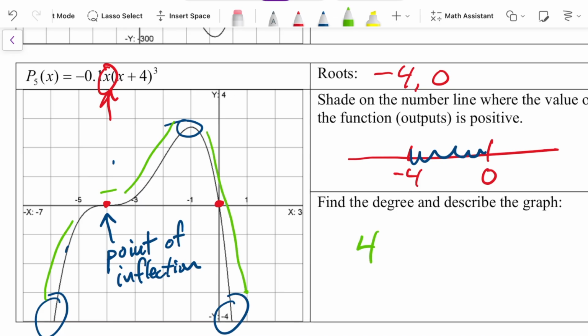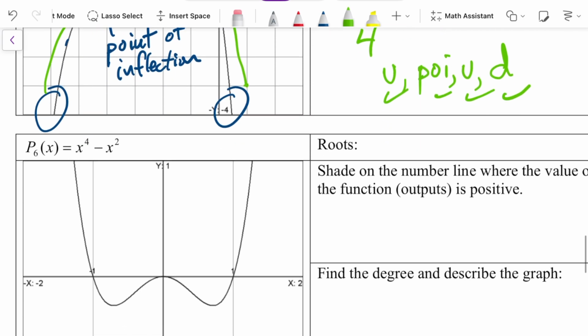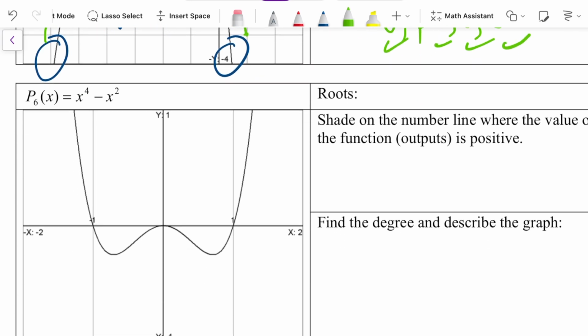This is a 4th degree. It goes up, point of inflection, then it goes up again, and finally down. That's how we can count 4. 1, 2, 3, 4.